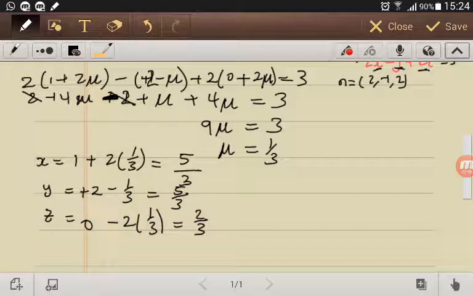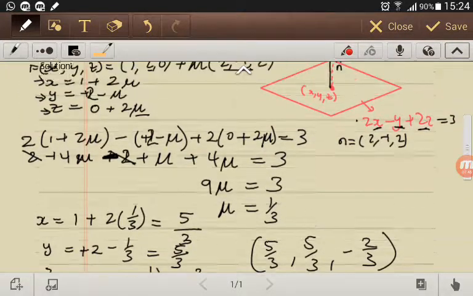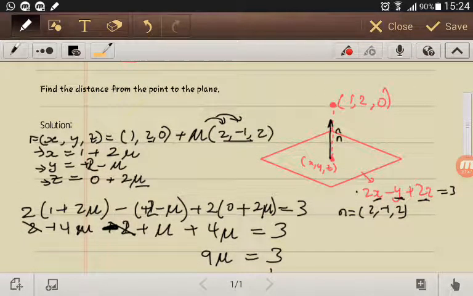That's fine. So we're done. We have 5 over 3, 5 over 3, and 2 over 3 as our point of intersection between the line and the plane.